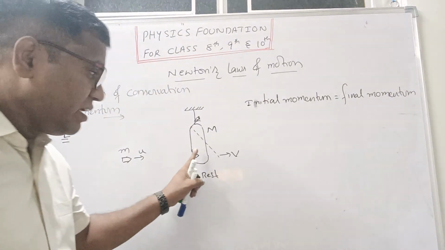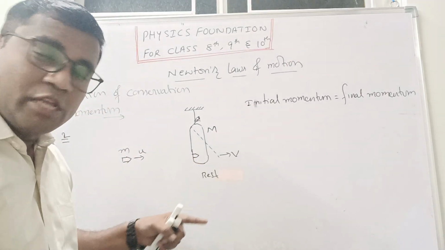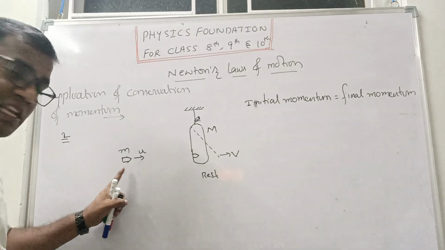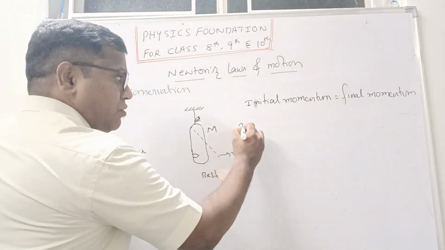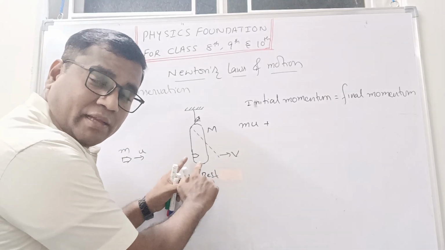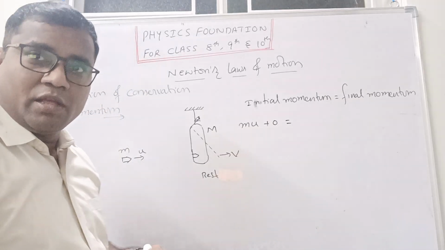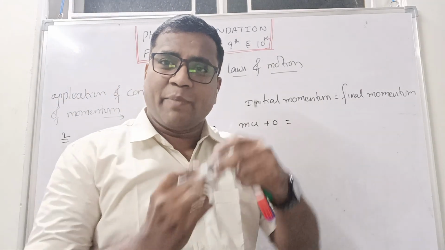But here, one is at rest and one is moving. So the initial momentum of the bullet is mu plus the initial momentum of the sandbag, which is 0.